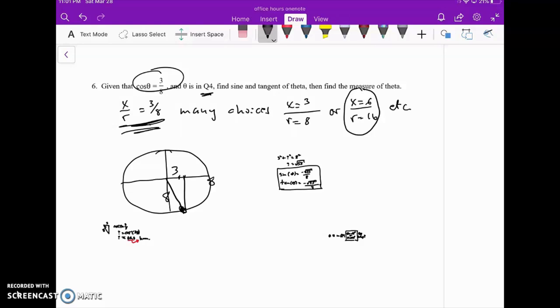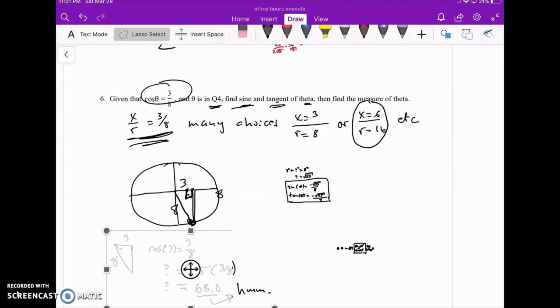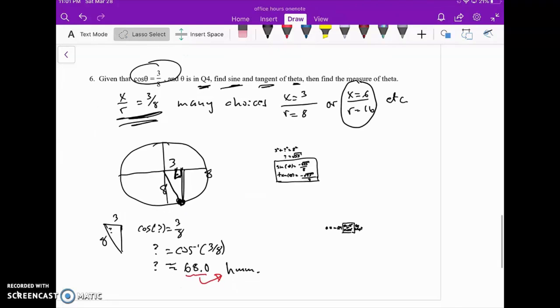And we are asked to find the sine and tangent ratios and the angle. So now we're back to our usual thing. We've got a altitude here. We'll need to use a little bit of Pythagorean theorem, which I have cleverly worked out ahead of time. Oops, I got the wrong one, didn't I?